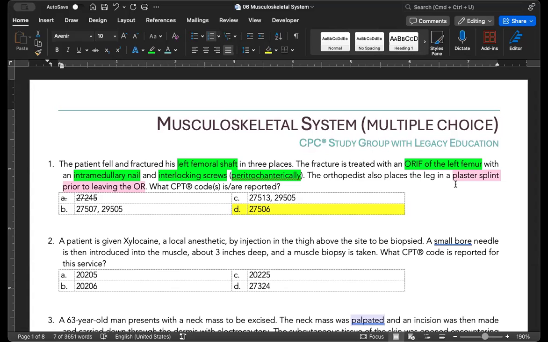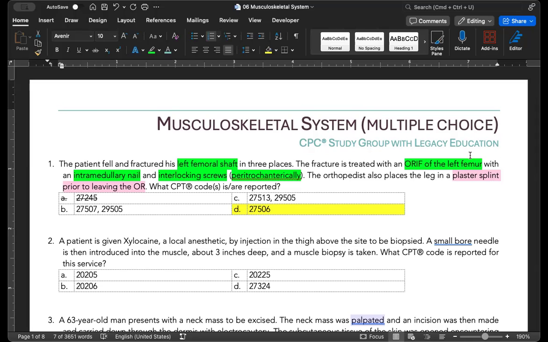If you have the 2024 version of the CPT, it's on page 200. You've got a guideline that states that it includes the application and removal of your first cast, splint, or traction device when it is applied. Now, if you have multiple splints and casts that are applied, then your second, third, and fourth can be billed separately.